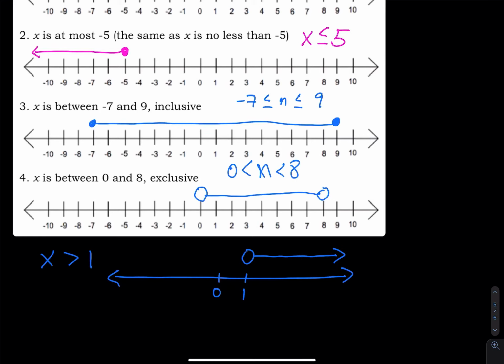What about x less than negative 2? Here is your negative 2, you have a point right here, and then you go this way. You just do not use a solid circle on the 1 and the negative 2. So that's how the number line and the inequality work, and that will be the end of this video.